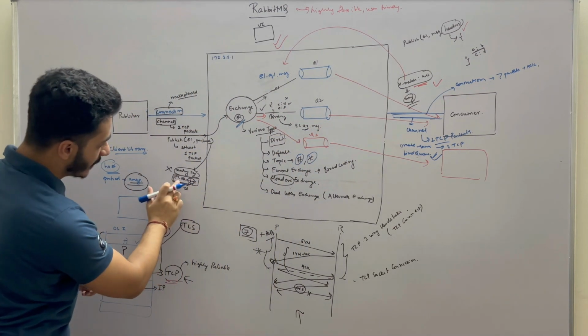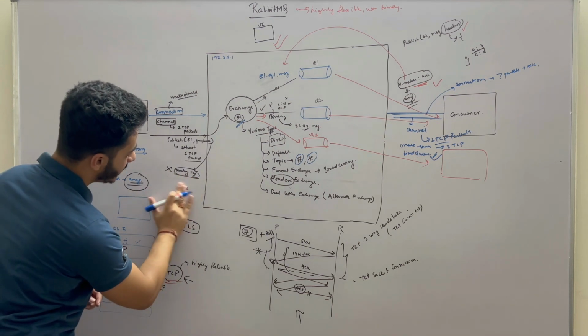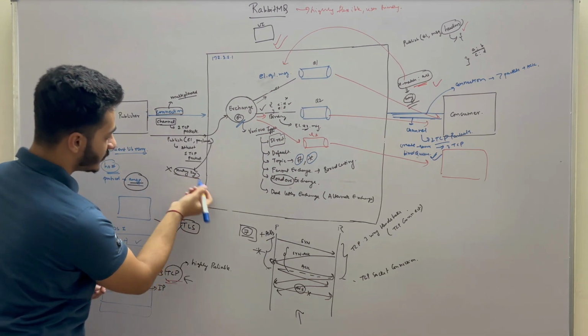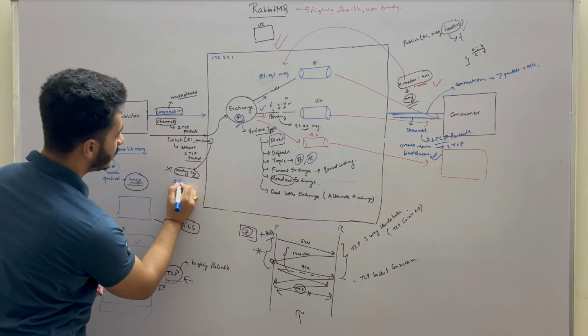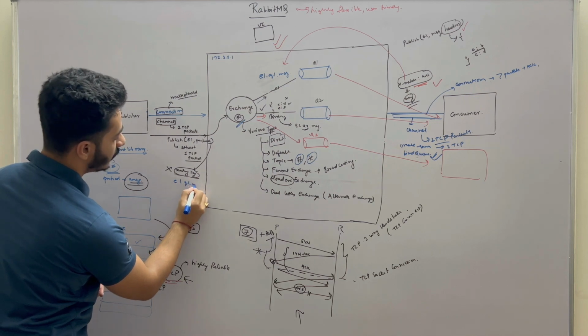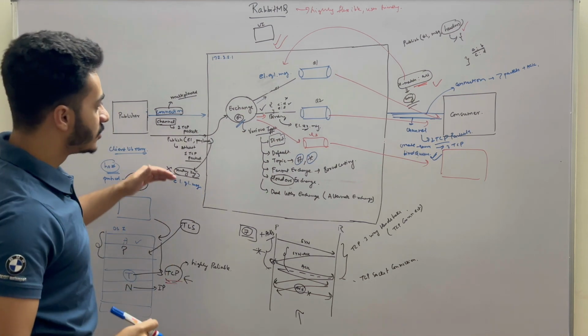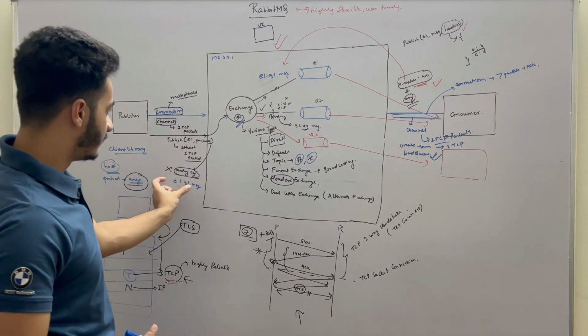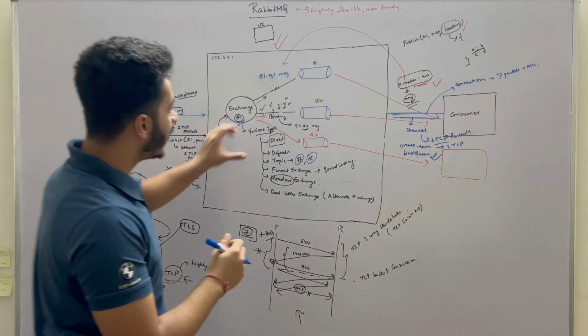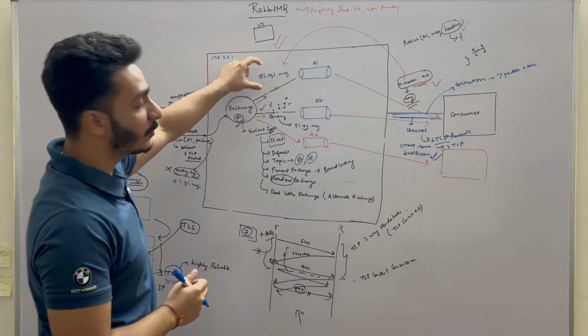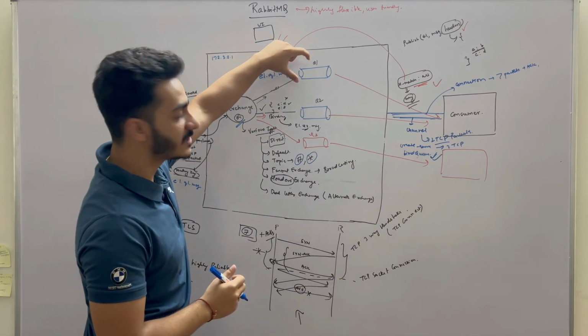So we can't use a pattern here. We will have to specify this pattern at the queue binding level. What routing key will you use while creating this binding between this queue and exchange?